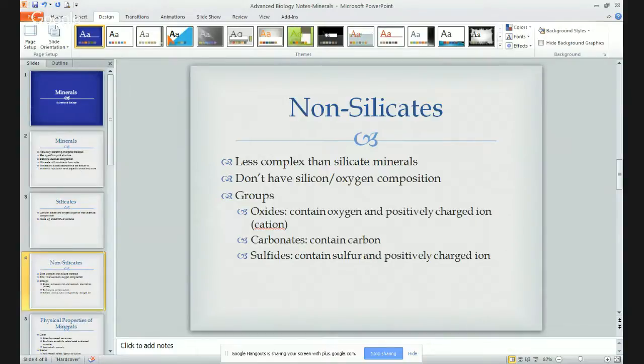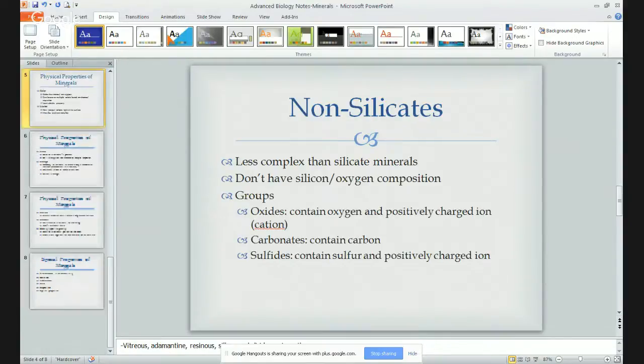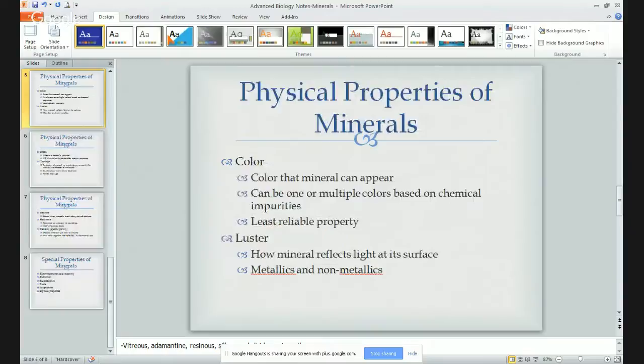So pretty simple so far. They're all going to contain that cation as well. By the way, there are a couple of other smaller groups of non-silicates that you can have, but I just named the three big ones.